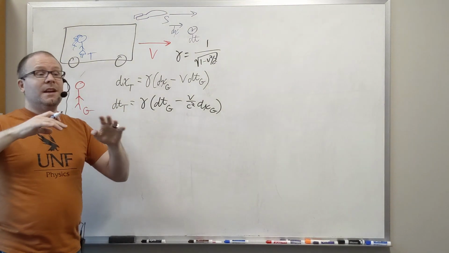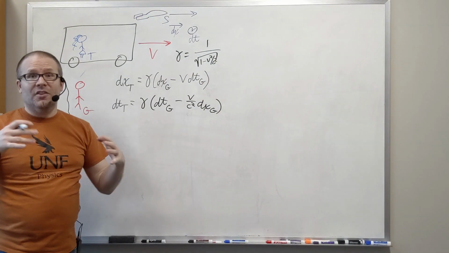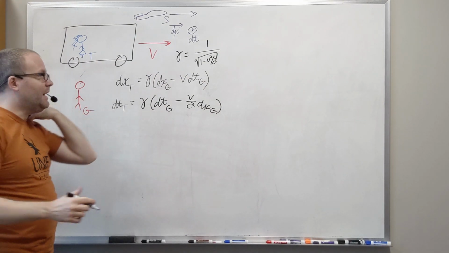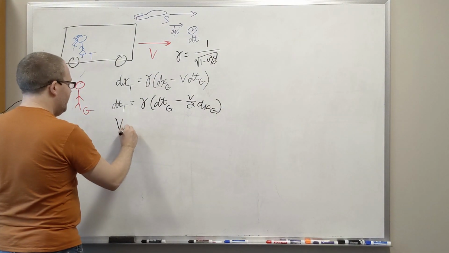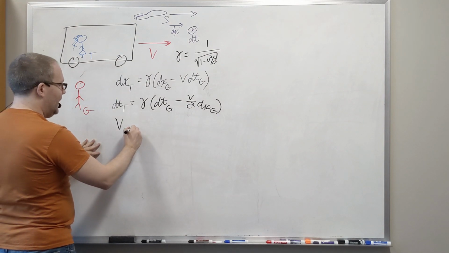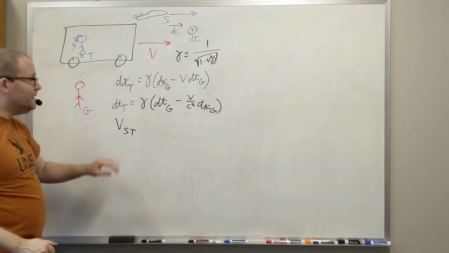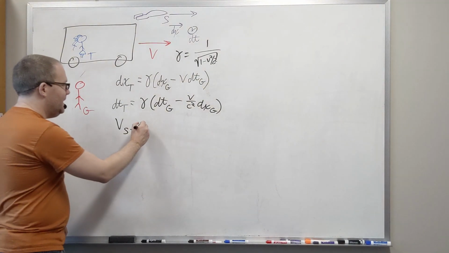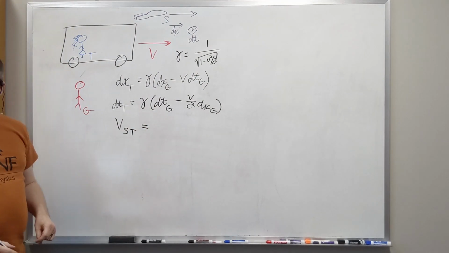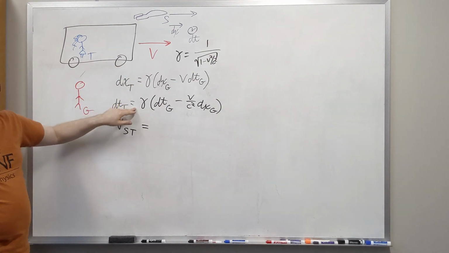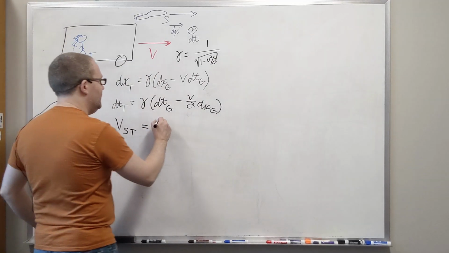Even though the behavior is getting weird, the fundamental definitions are still the same. So the velocity of the ship as measured by the physicist on the train, that's what this VST means, the velocity of S as measured by T, is going to equal this thing divided by this thing. Well, it's nice that these two gammas cancel for us.